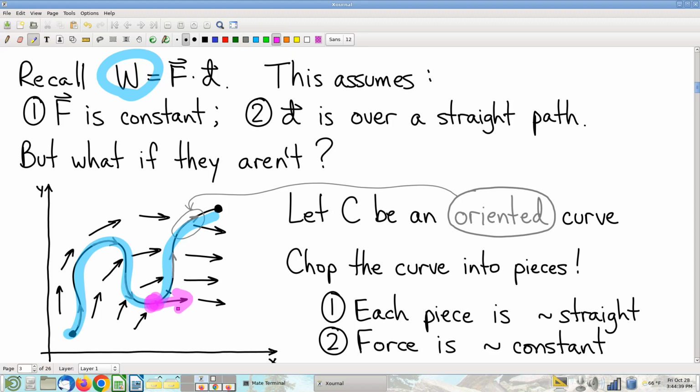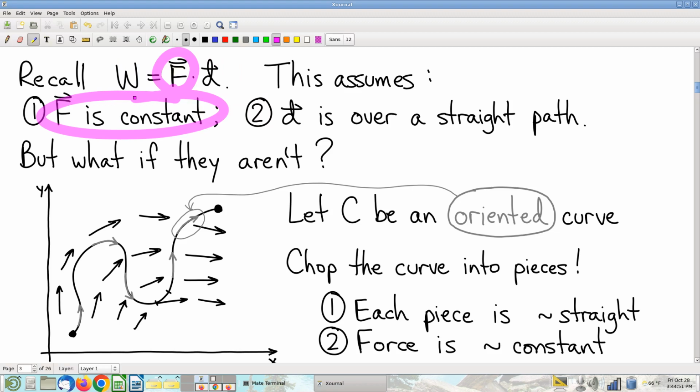How do I compute work? We wish we could say work is equal to force dot displacement. But this formula makes certain assumptions. This assumes that your force is constant, which you can see here it isn't. The force varies. The force depends on where you are. Different forces in different places.